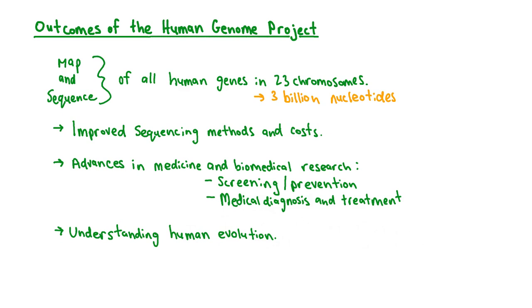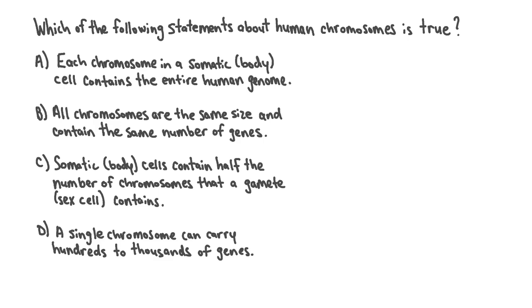Now that we understand a bit more about the human genome, let's take a moment to try out a practice question. Which of the following statements about human chromosomes is true? A. Each chromosome in a somatic, also known as a body cell, contains the entire human genome.